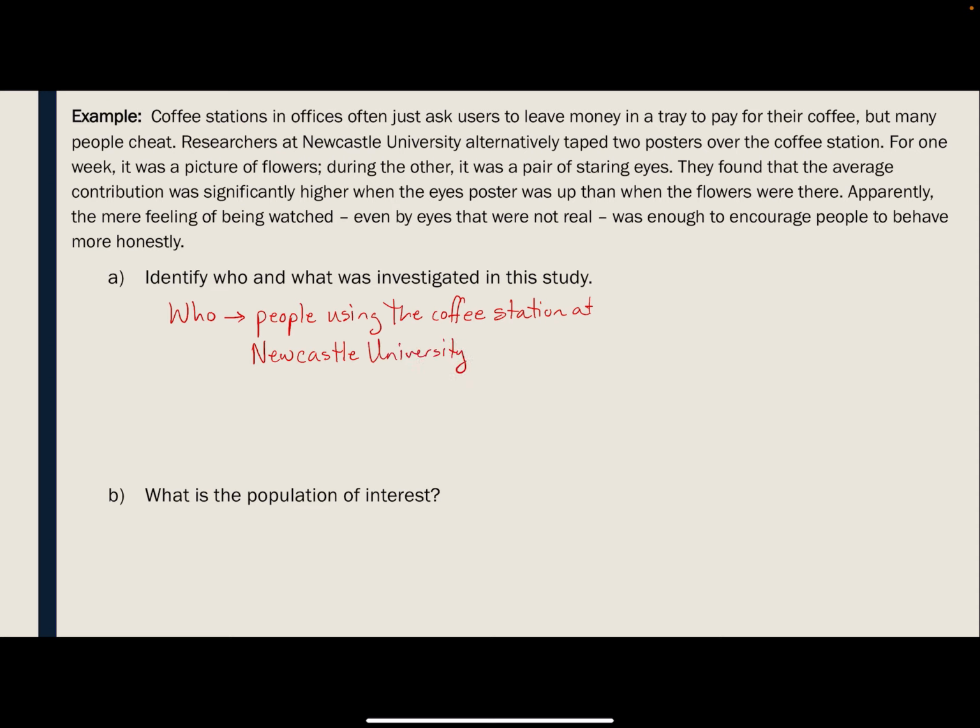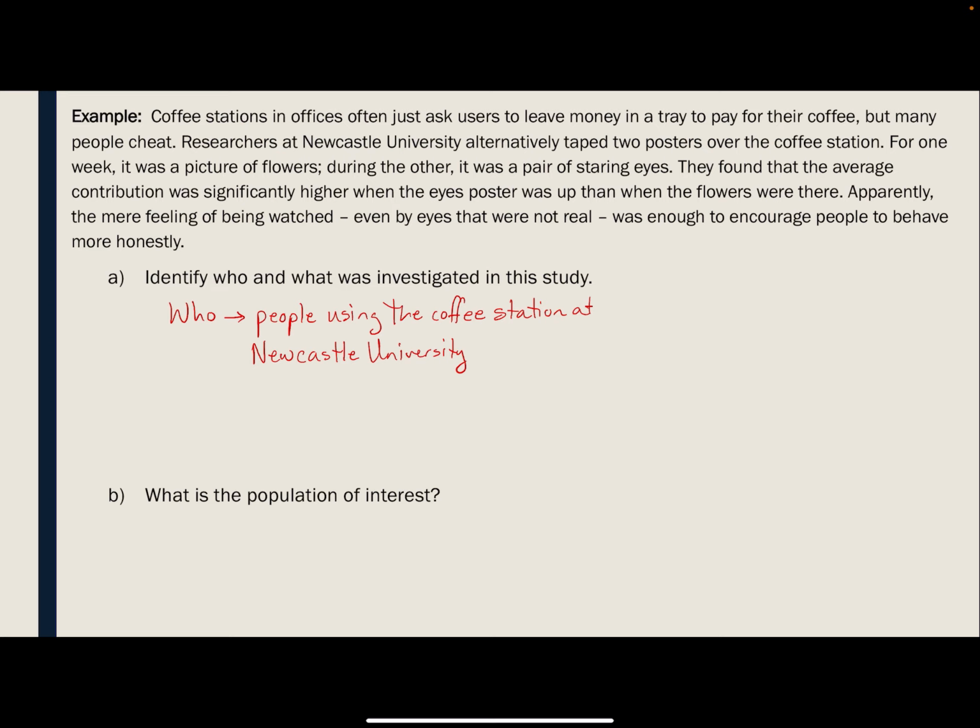Be careful when you're answering these questions because you want to make sure that you're very specific. Notice I didn't say people who drink coffee because there might be plenty of people who drink coffee that buy coffee at Starbucks before they go to the university. So this is specifically people who are using the coffee station at this specific location.